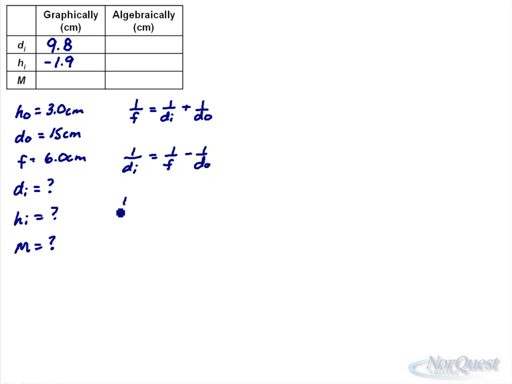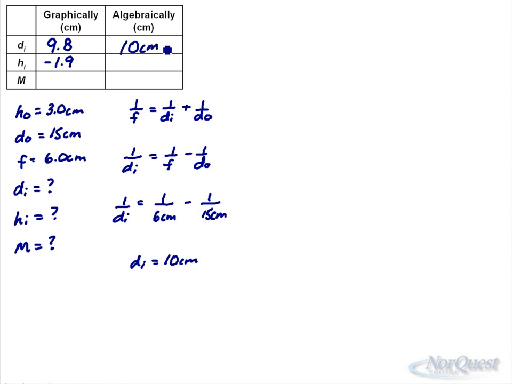Put your numbers in. 1 over 6 centimeters minus 1 over 15 centimeters. Again, do the calculation, then invert it. So 1 divided by 6 minus 1 divided by 15. Reciprocal should give you 10 centimeters as the distance for the image.